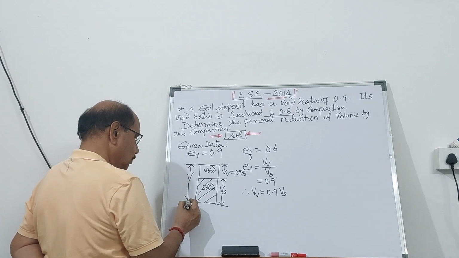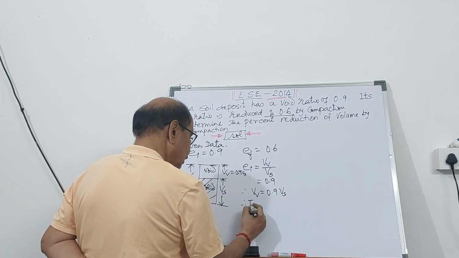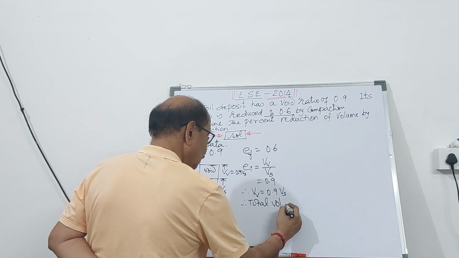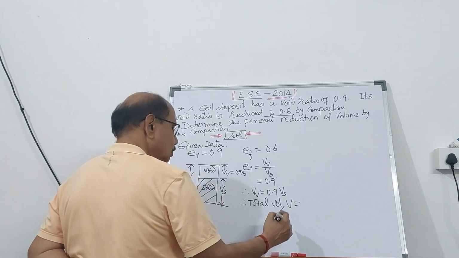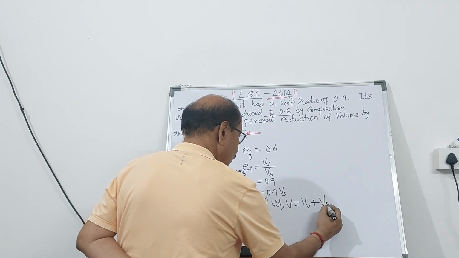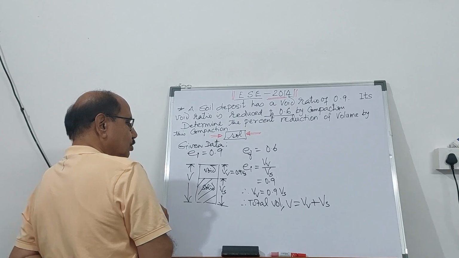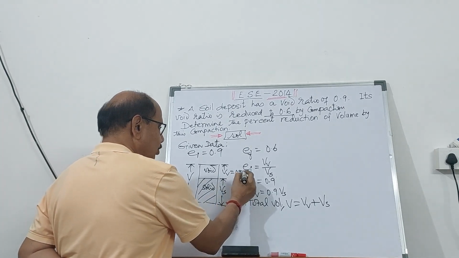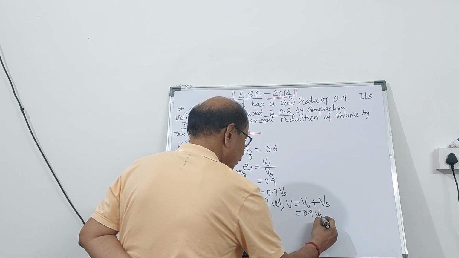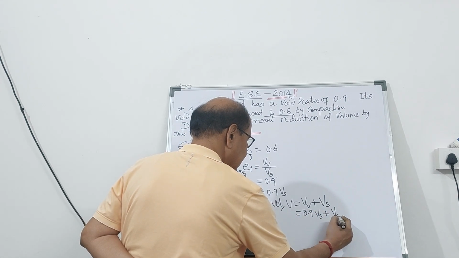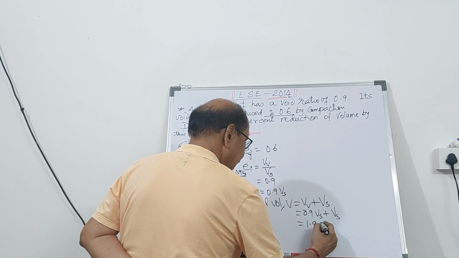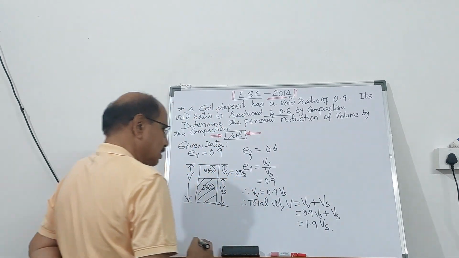The total volume V equals volume of void plus volume of solid. So volume of void is already given as 0.9 times volume of soil solids, plus Vs. So the total volume becomes 1.9 times Vs.